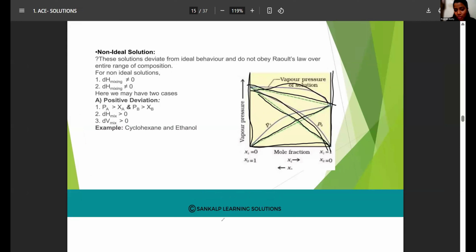It is very simple to draw. Please observe, that's all. As it is positive deviation, that deviation will be above this line, like this. This is the positive deviation diagram they'll ask you in your exams.